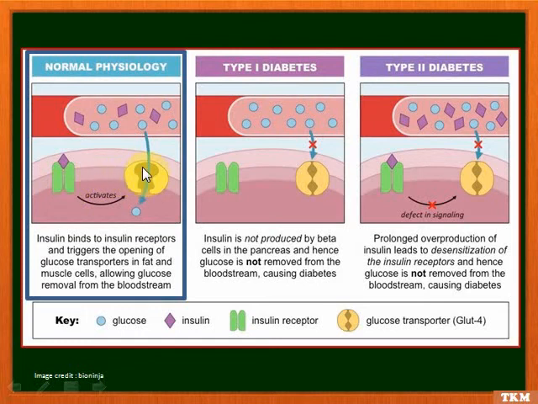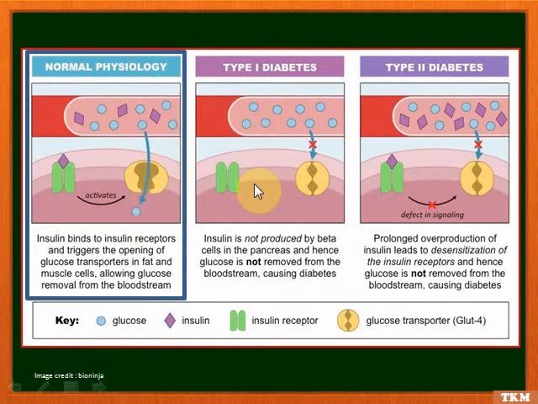As soon as we eat food, the glucose from the food reaches the bloodstream, and the beta cells of the pancreas release insulin. This insulin binds to the insulin receptors, which then send a signal to the glucose transporter, and it takes up the glucose from the bloodstream and converts it into energy. This is how the process normally goes on.